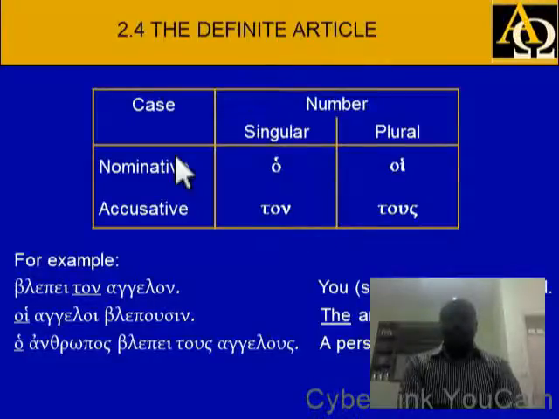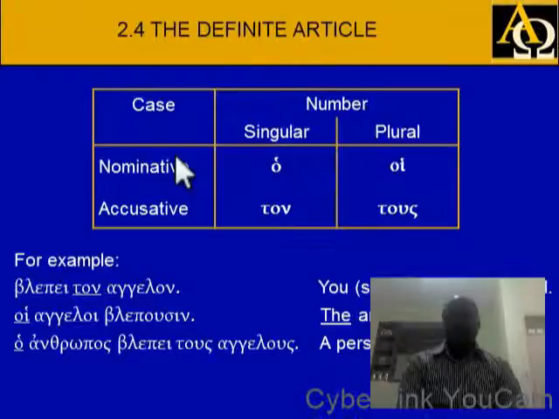And then we have ton and tous. So nominative words will also go with a nominative article. So instead of ton angelos, we would say ho angelos, okay? Because ho is nominative, ton is accusative.